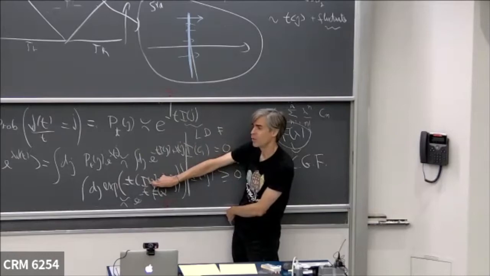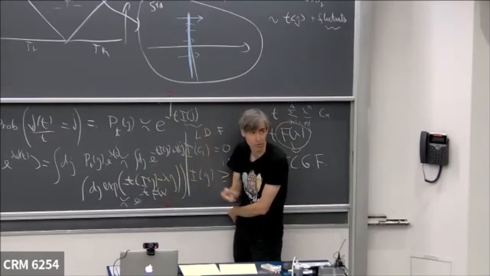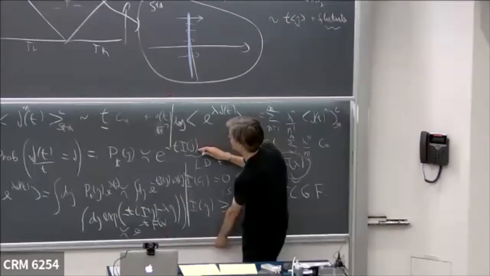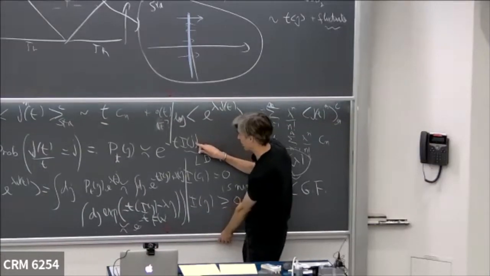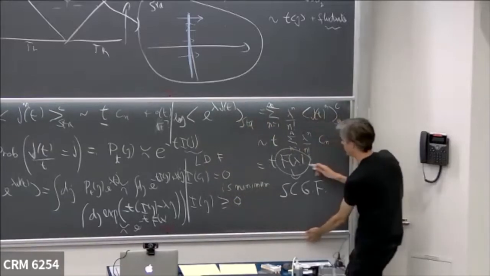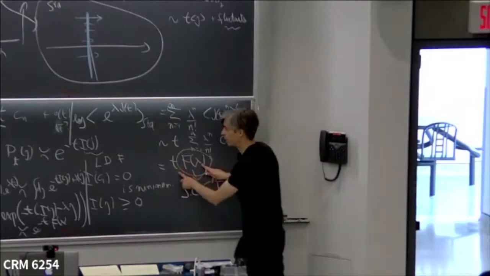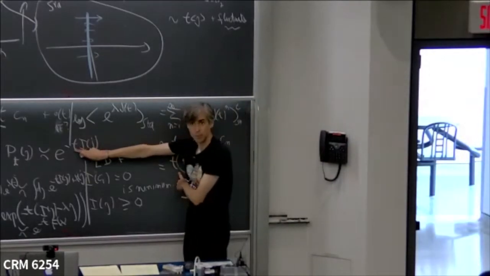If you do the saddle point, you find equations which are exactly the Legendre transform equations. So this I of j that characterizes the probability is just the Legendre transform of f of lambda. And the fact that the cumulants grow like t is related to the fact that the probability is exponential minus t.